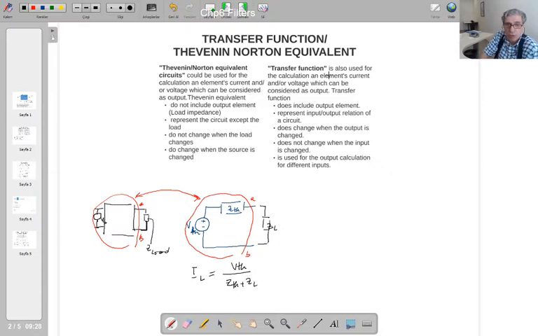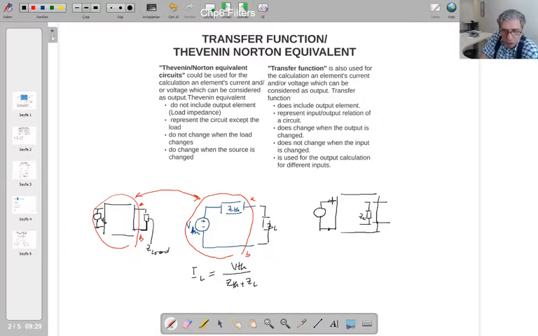Now when you come to the transfer function, you are not moving this element out, you are keeping this element inside the circuit, keeping the output element at the output. So ZL now is in here. And we are saying that if this is the output and if this is the input, output over input gives you the transfer function.